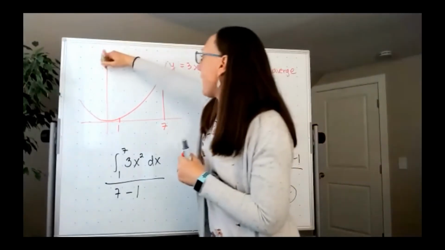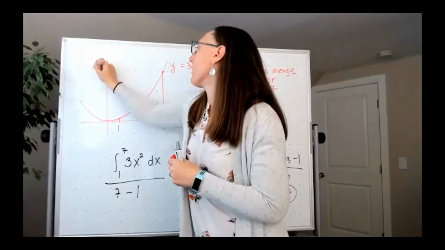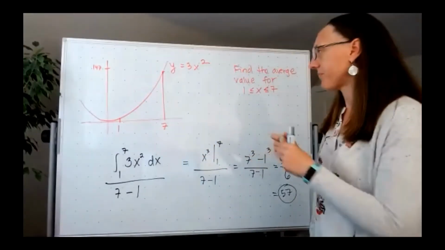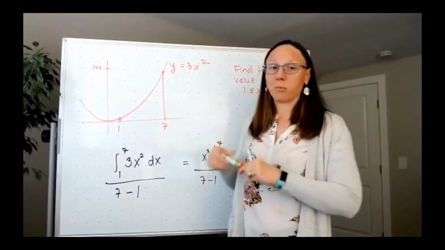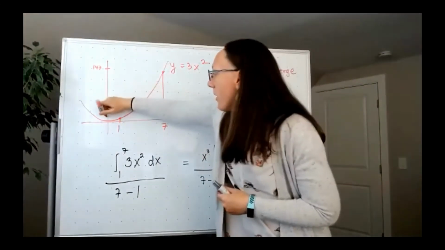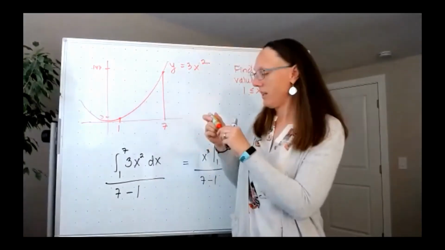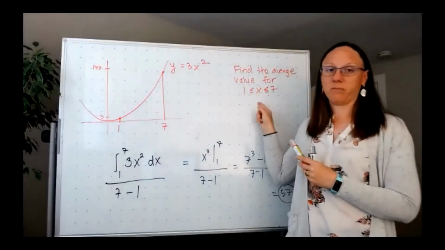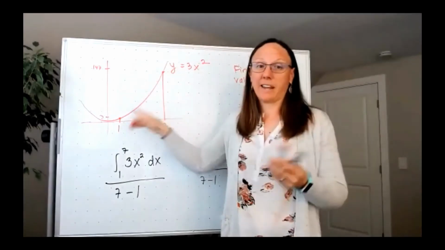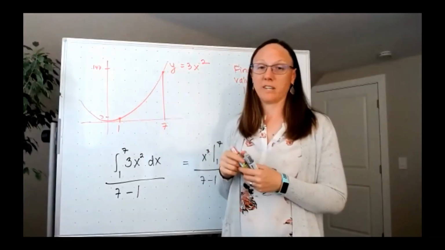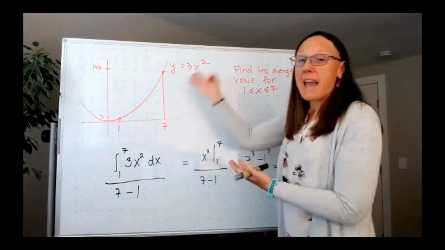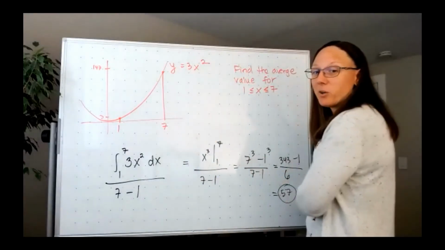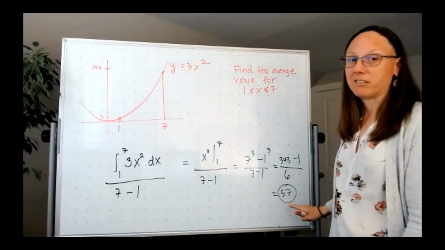So this right here is a height of 147. So this function has heights anywhere between, well, the height at 1 is 3. So in this interval, this function has all these heights between 3 and 147. But if we averaged all those heights together, we would get 57.